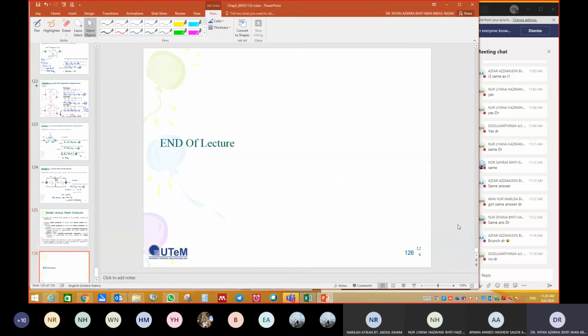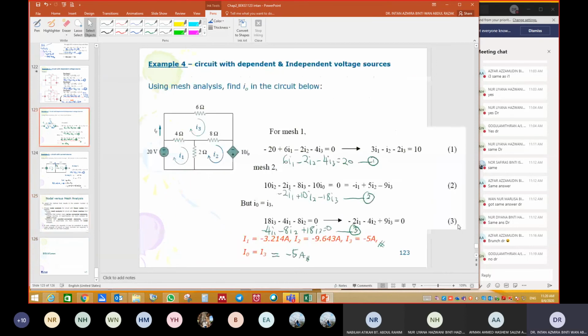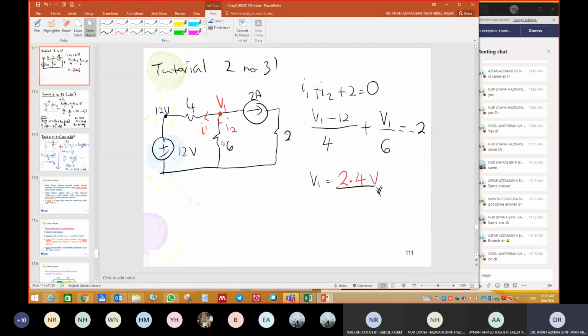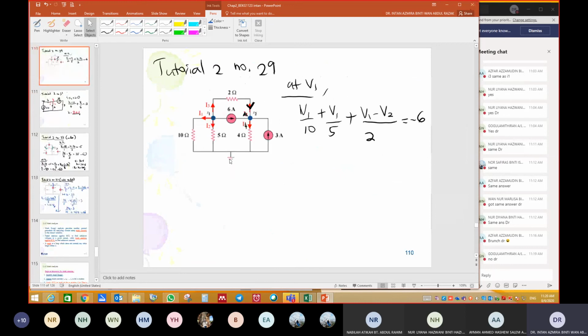Now let's try the nodal equation by using mesh analysis. Let's see this question in tutorial number 29. If you use mesh analysis, you will have how many equations?